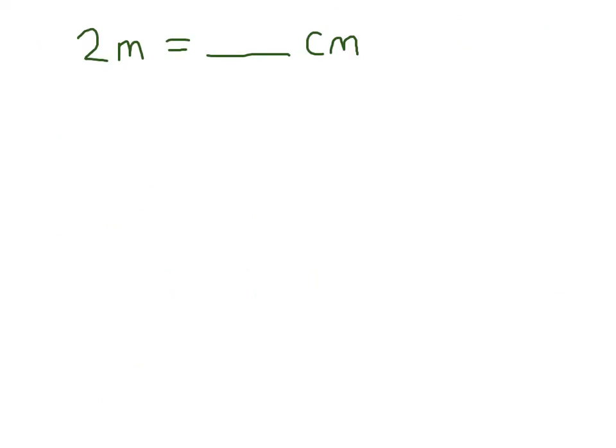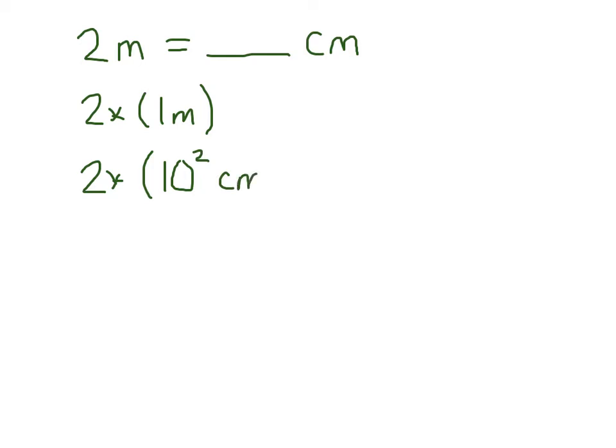So if I have 2 meters and I want to know how many centimeters that is, well, here I have 2 groups of 1 meter, and I know that 1 meter is 100 centimeters, or 2 groups of 10 to the second power centimeters. You could also say that's 2 times 100 centimeters.